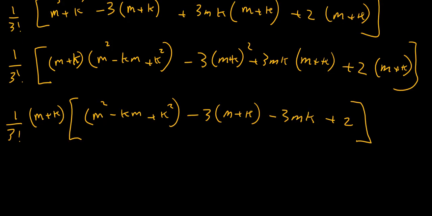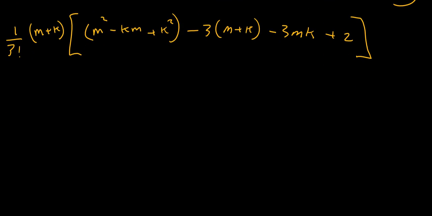Okay, so we have done the most difficult parts. Okay, where do we go from here? So we have m plus k all over 3 factorial, and we need to simplify this. So let's have a go at doing that then.